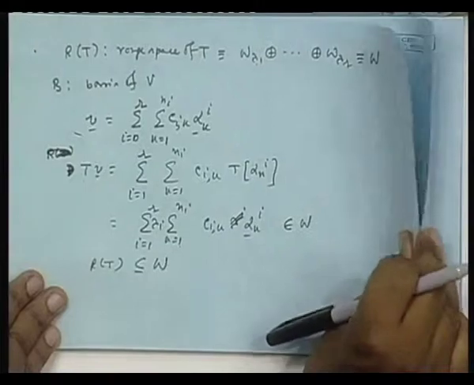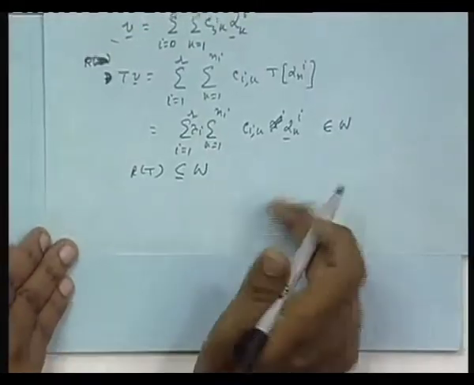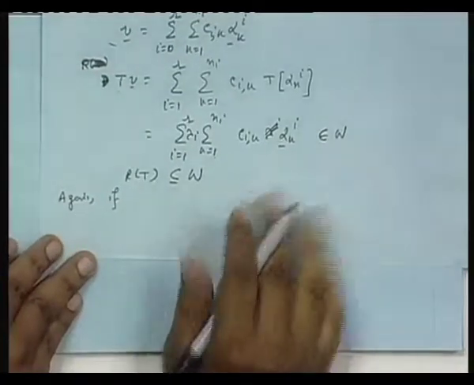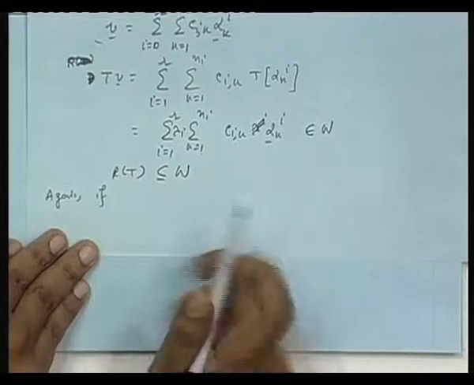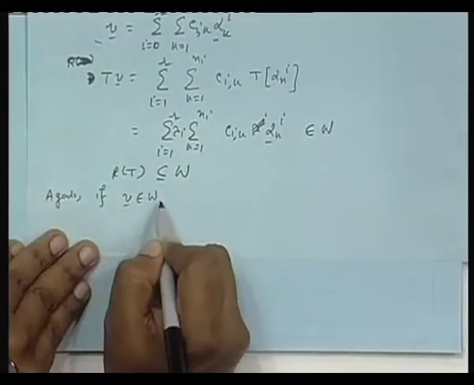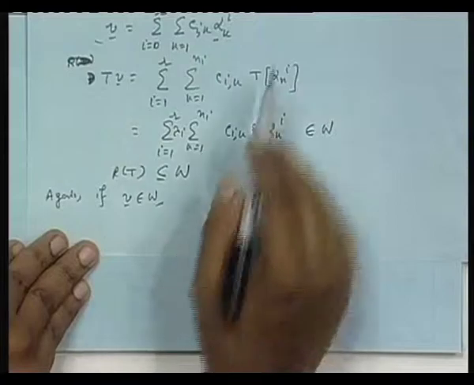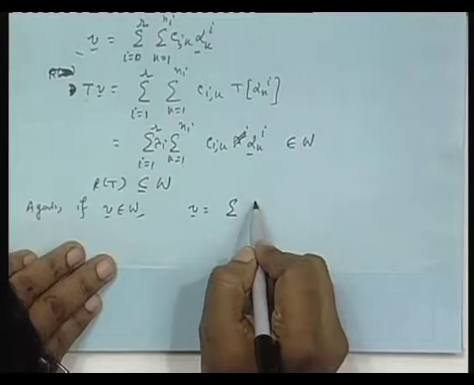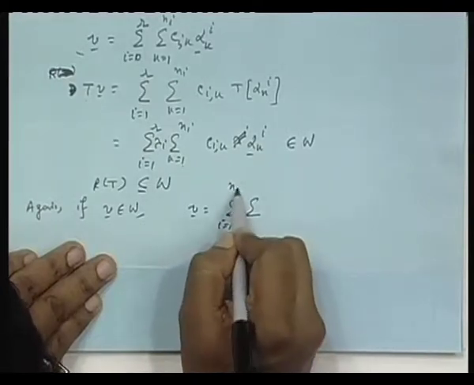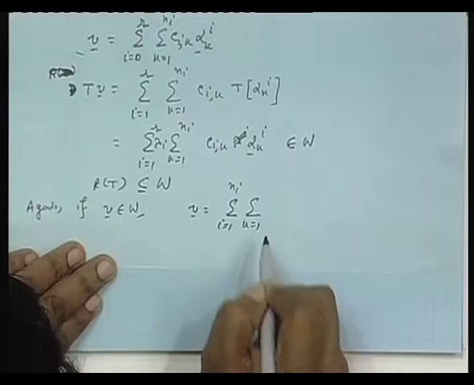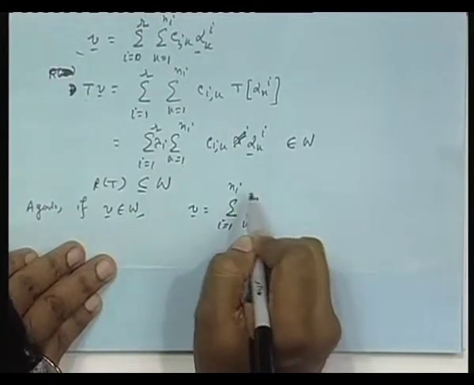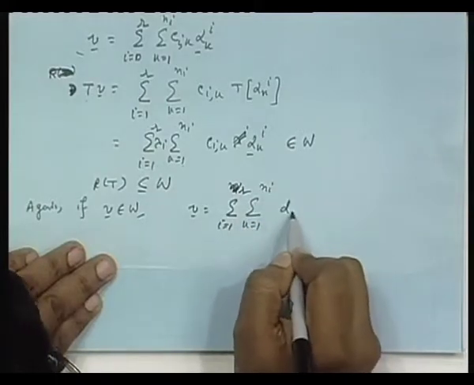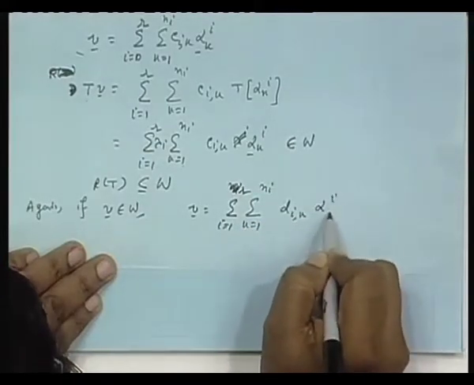On the other hand, if a vector belongs to W, it will be a linear combination of those basis vectors: the sum over i equal to 1 to r, k equal to 1 to n i, of some coefficients d i k times alpha i k.